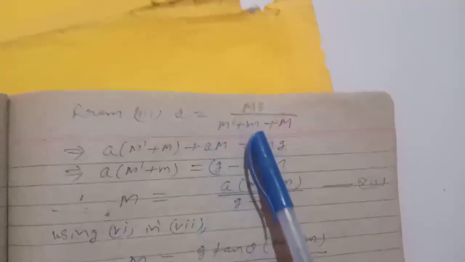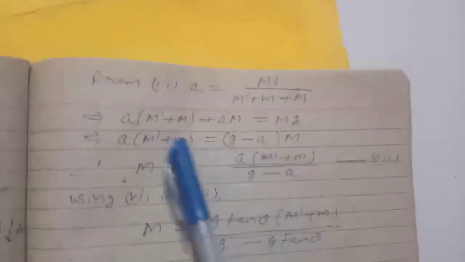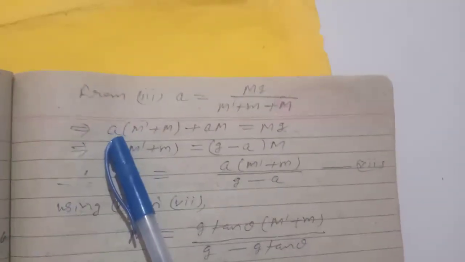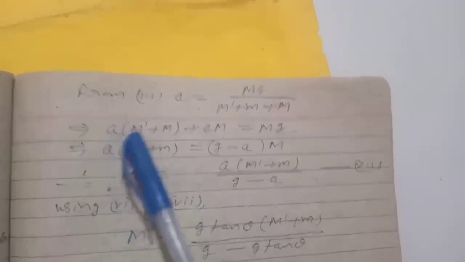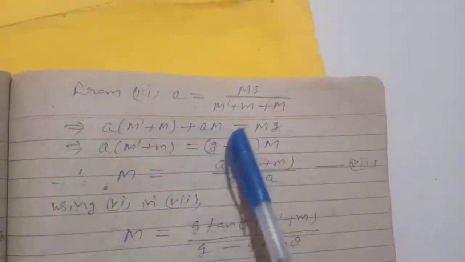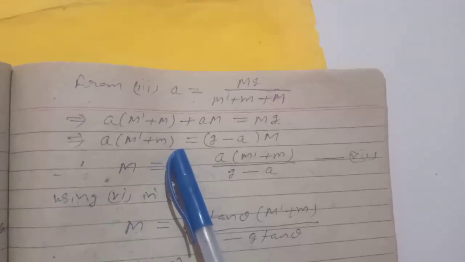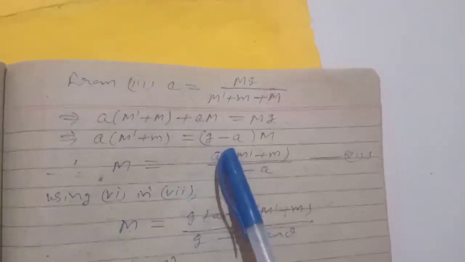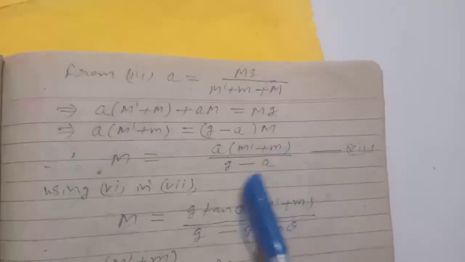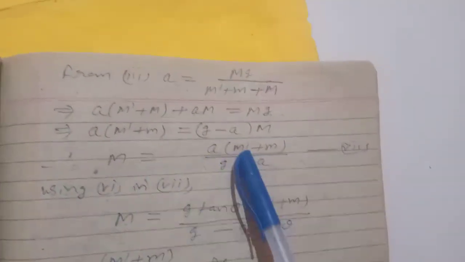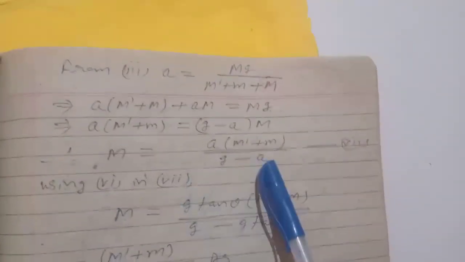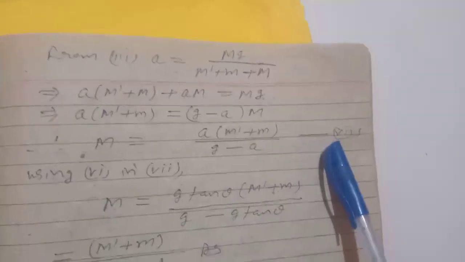Now from 3, a equals mg divided by m dash plus m plus M. This implies a into m dash plus m plus aM equals Mg, or a into m dash plus m equals g minus a into M. Hence M equals a into m dash plus m divided by g minus a. This is equation 7.